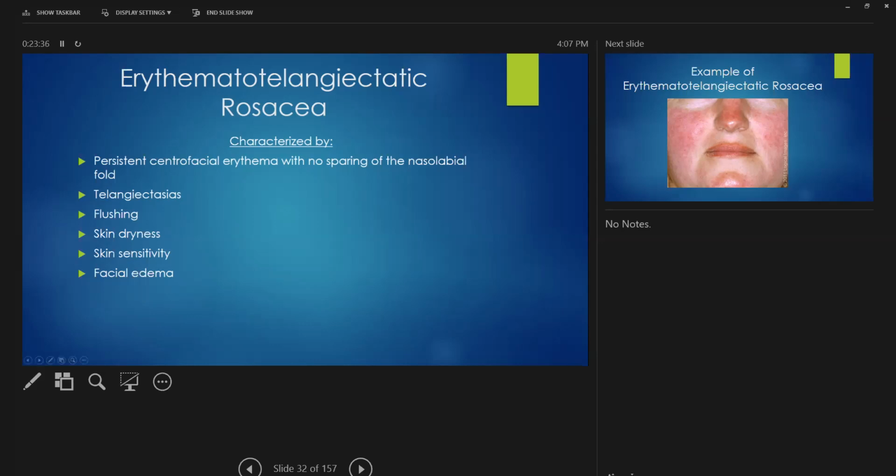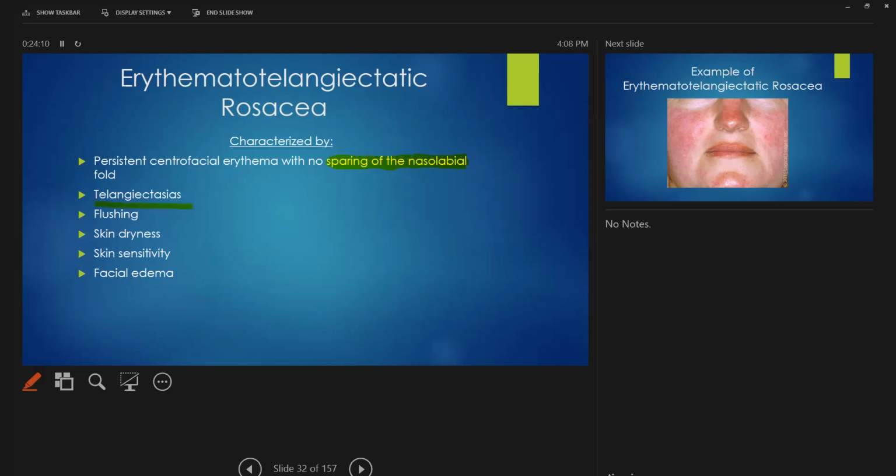So that sparing of the nasolabial fold is something that you see in what? All right, you see that in lupus. So if there's no sparing of the nasolabial fold, then we're more suspecting that this is rosacea.